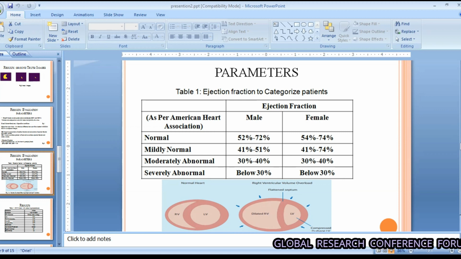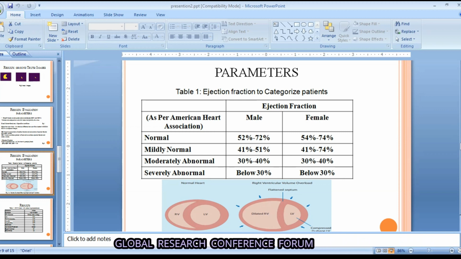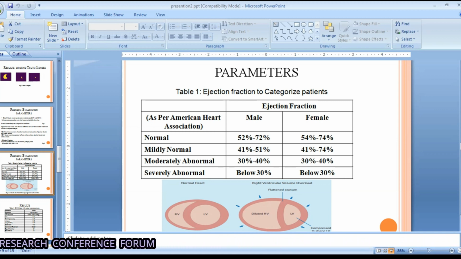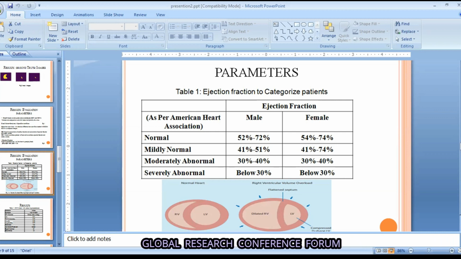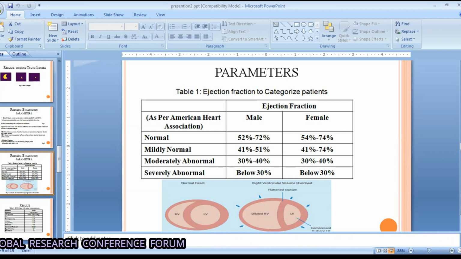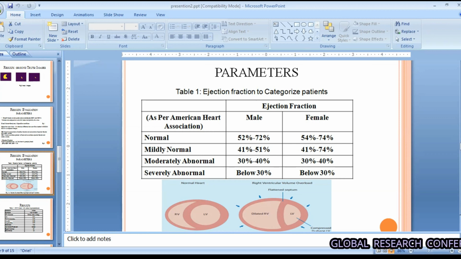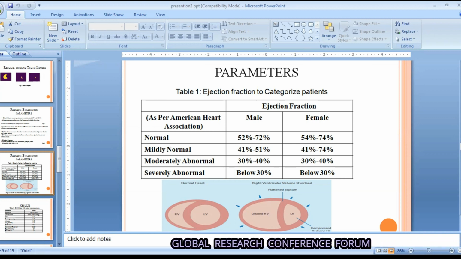Mildly abnormal heart is 41% to 51%. A moderately abnormal patient is considered when the ejection fraction is from 30% to 40%. And a severely abnormal patient is categorized whenever the ejection fraction goes below 30%.